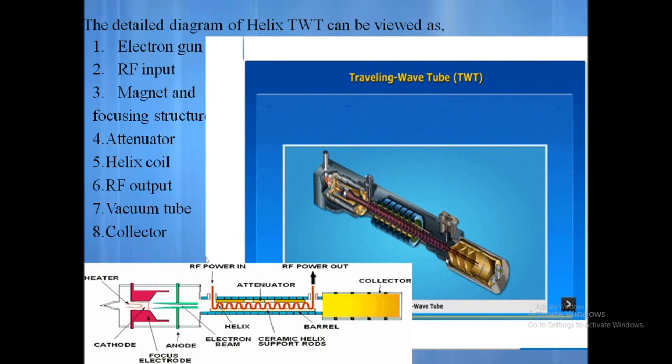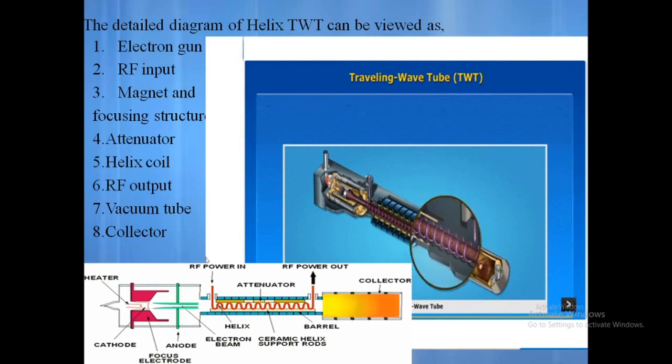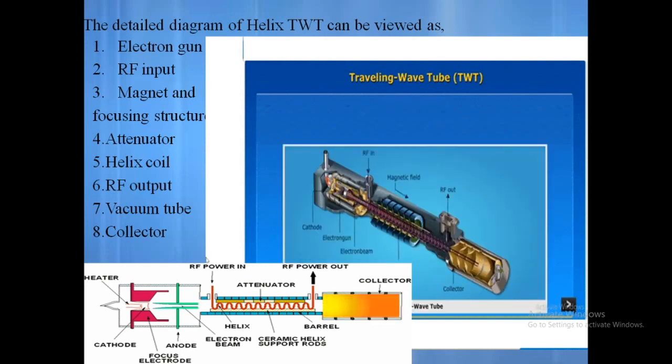The main function of using a magnet around the helical structure is to concentrate the signal towards the center and not divert it in other directions, so that there will be no loss in the signal. Fourth one, the attenuator. The main function of the attenuator is to attenuate the oscillations, meaning the backward and forward motion of the electron beam. It will be avoided by using the attenuator.